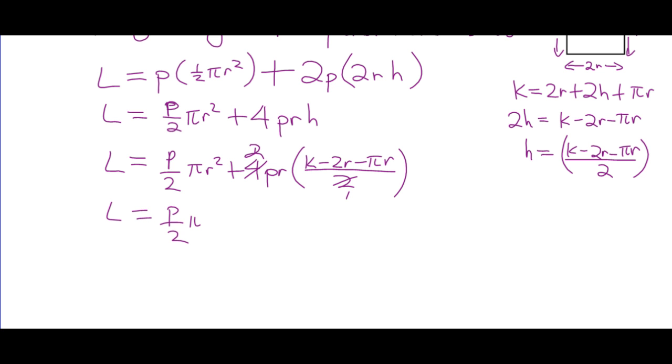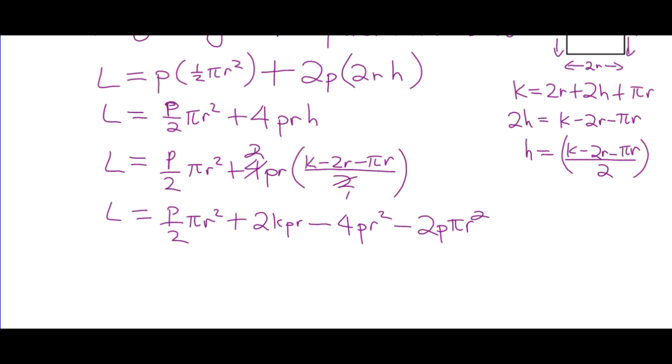P over 2 pi r squared plus, okay, what do we got? 2krp, or kpr, minus 4pr squared minus 2p pi r squared. Okay, it's messy, but it's very easy to differentiate.